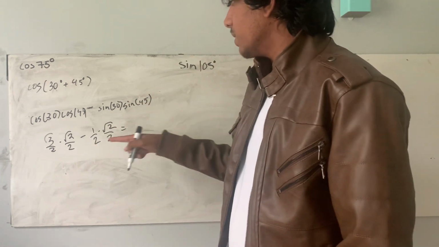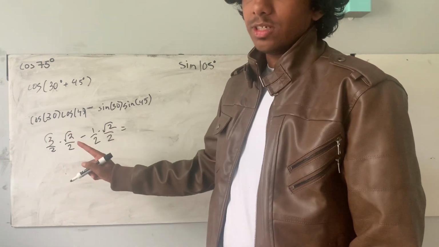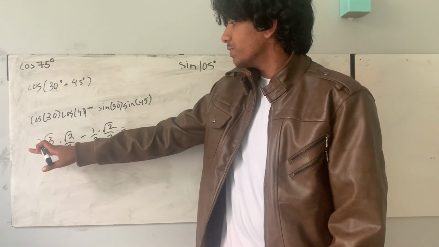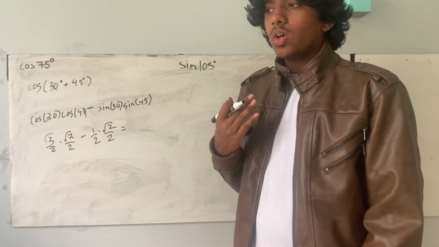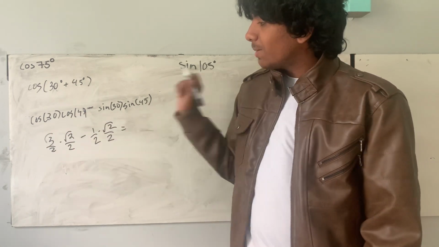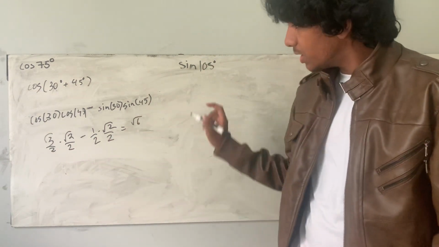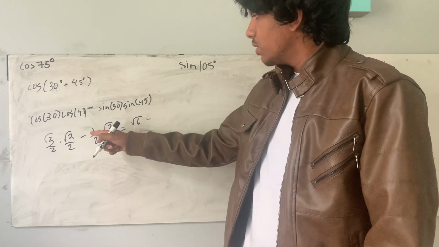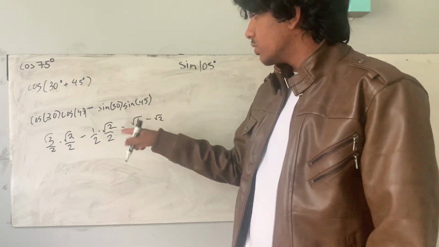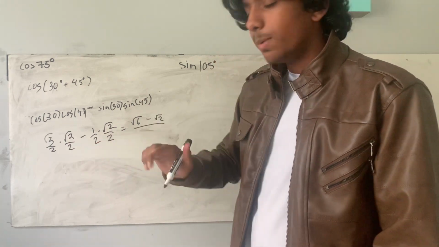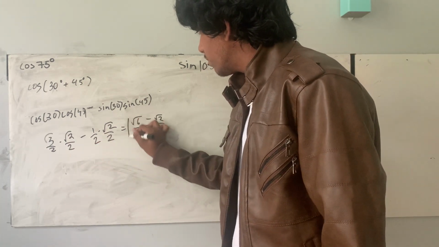We can multiply the radicals together, so root 3 times root 2 is root 6, and 2 times 2 is 4. We have the same denominator, so I'm going to subtract them in the same step too: root 6 minus root 2, over 4.